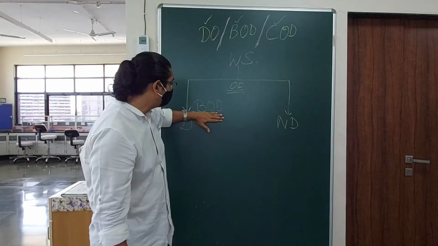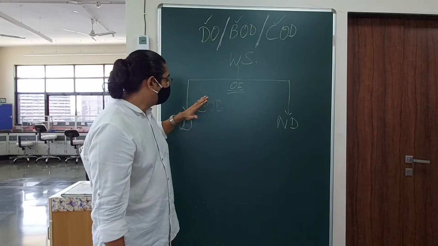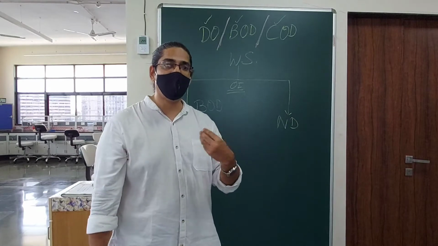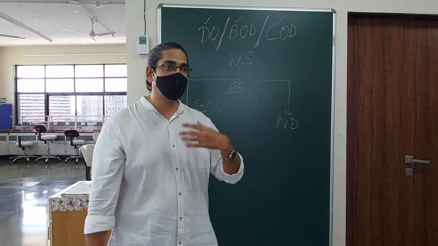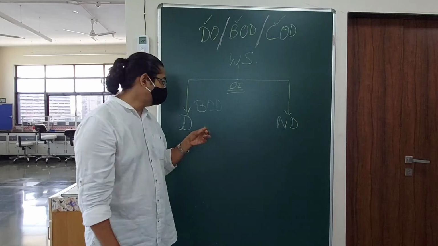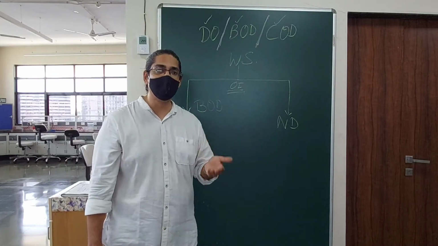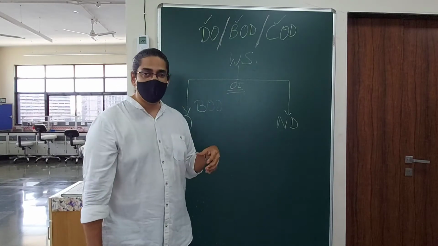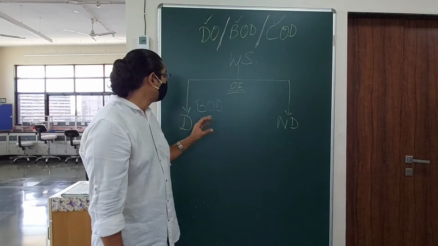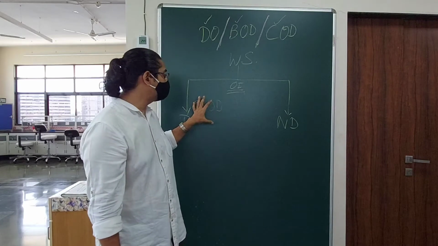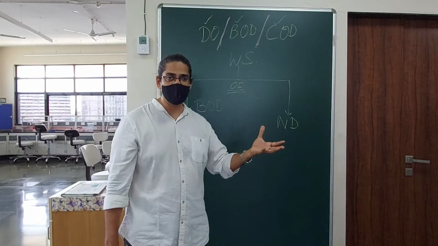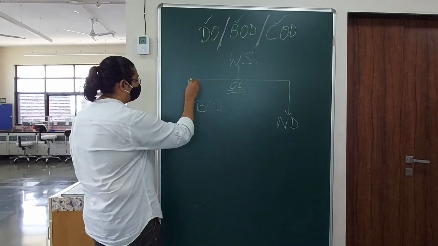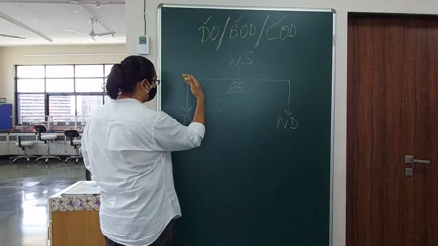We take your water sample, provide some nutrition so that whatever bacterial load is available in the water sample will start eating up the organic impurities. I'll talk about how many days of incubation in a minute, but you give some days for the bacteria to act, and then you measure the dissolved oxygen by a chemical method.